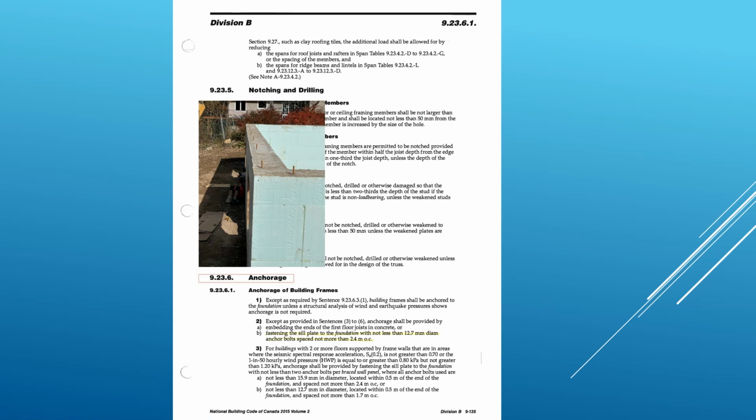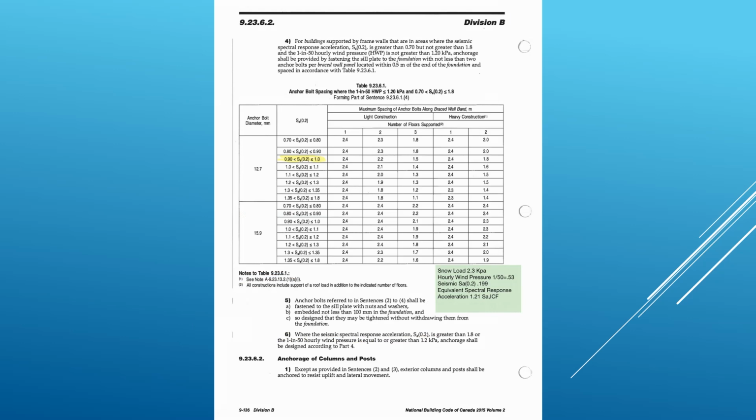And they talk about anchorage of building frames and the foundations, and I believe the other one was more specific to ICF. Your anchorage is discussed again in another section of the code. And if you're in a high seismic area where you have to have a wall band, it'll talk to you about your anchorage there.